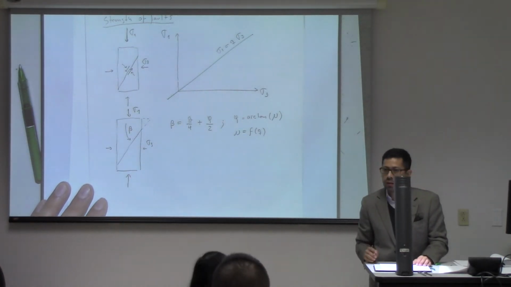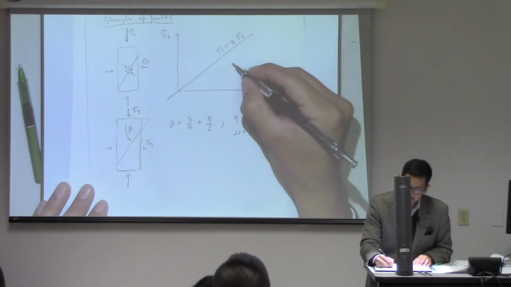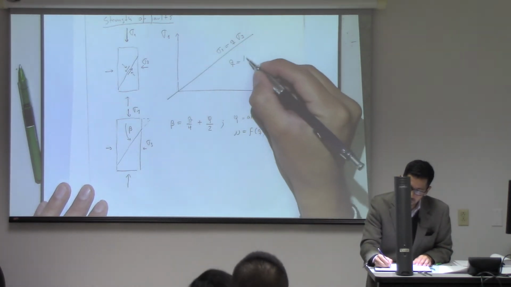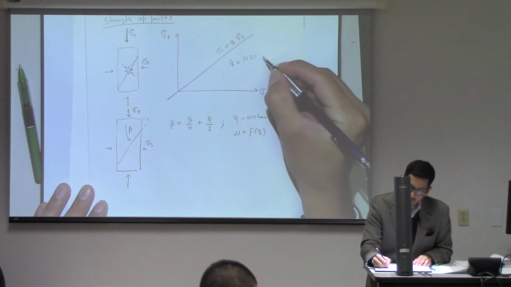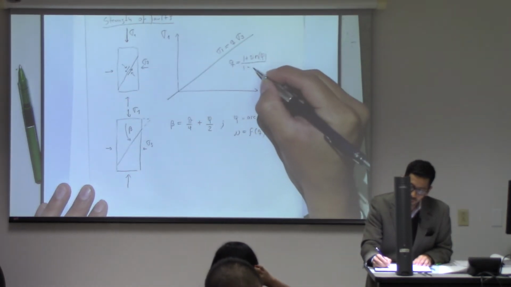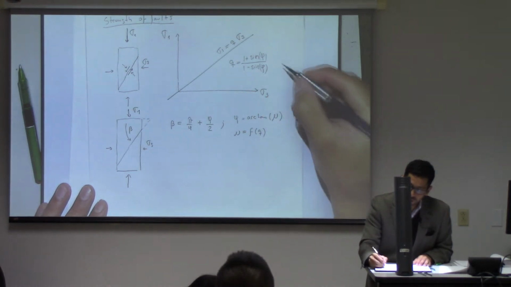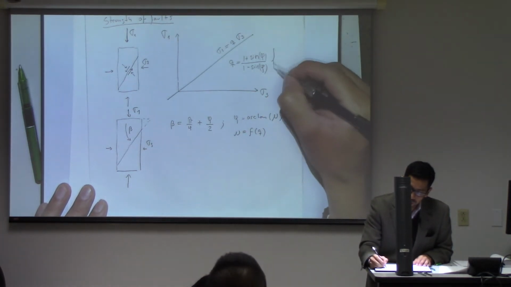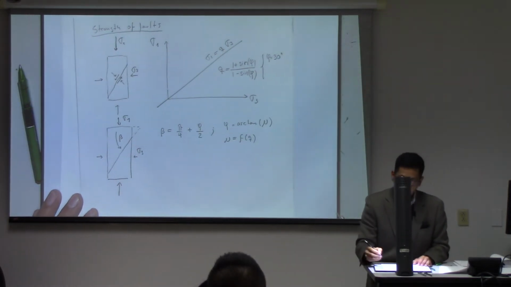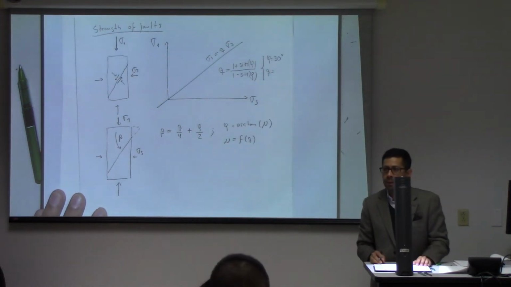Something very important to notice over here too is what is the magnitude of this Q. So Q, this equation I do remember, you can calculate it as 1 plus sine of the friction angle divided by 1 minus sine of the friction angle. And for example, for a friction angle equal to 30 degrees, what is going to be the sine of 30? You remember that?